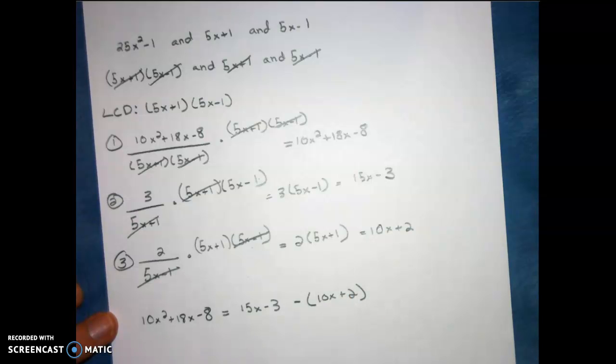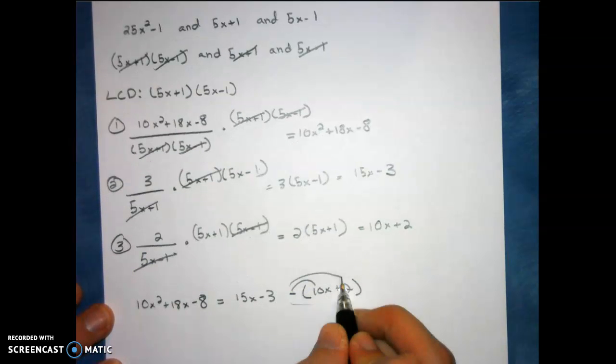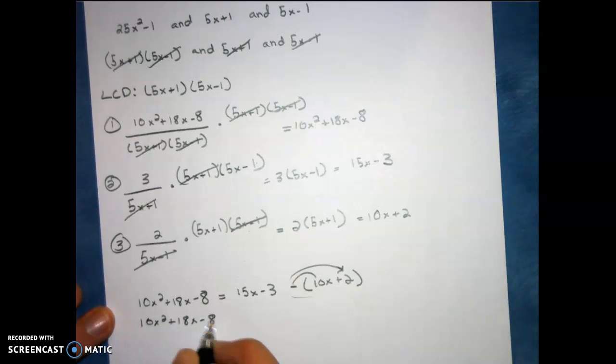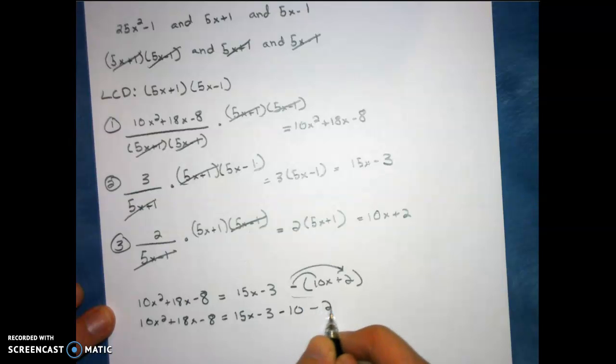All right, so we need to be very careful with this one here. We need to distribute this negative here. And then we get 10x squared plus 18x minus 8 is equal to 15x minus 3 minus 10x minus 2.